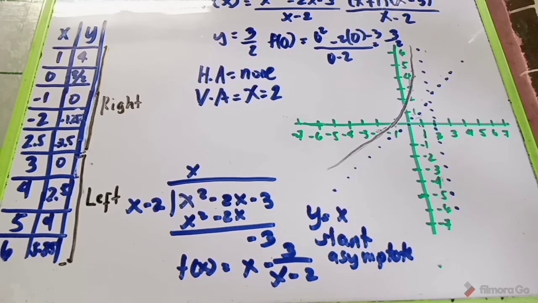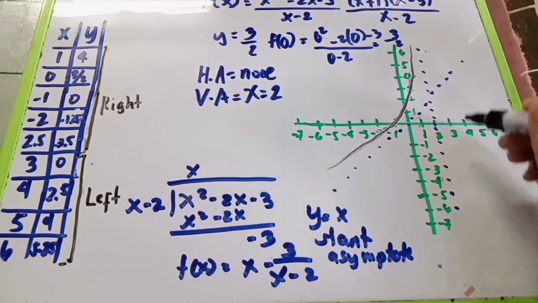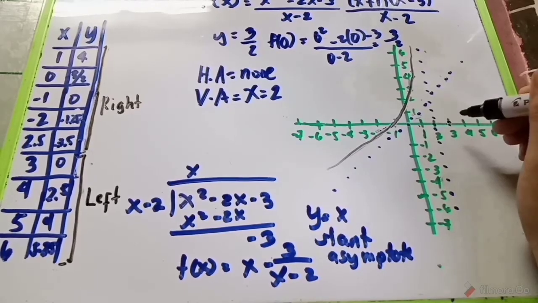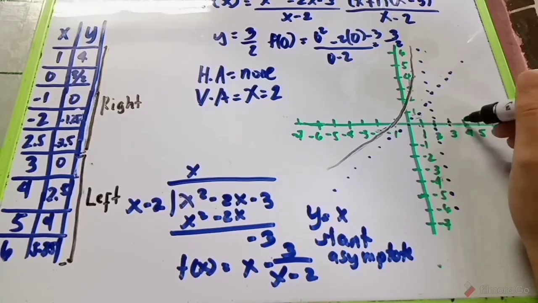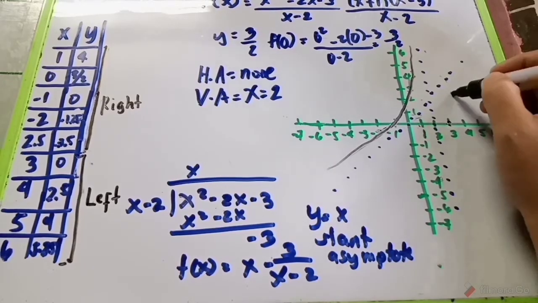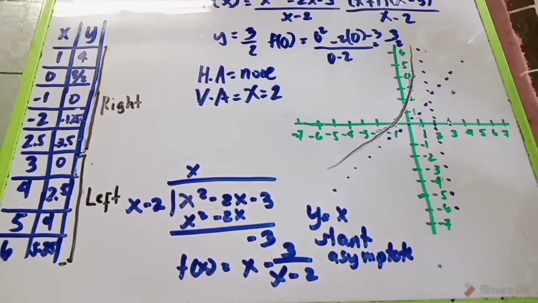How about the left side of 3 and 0? Where do we place 3 and 0? We will place here. Take note that 3 and 0. How about 4 and 2.5? We have 4 and then 2.5. Something here. Half of 3 and 0. No, this will be that.